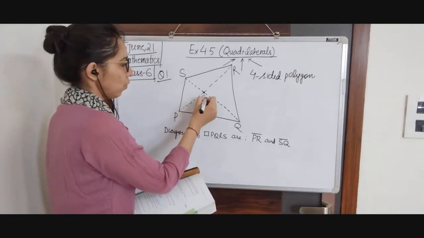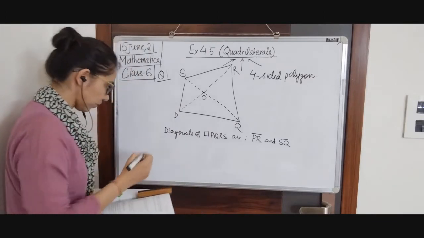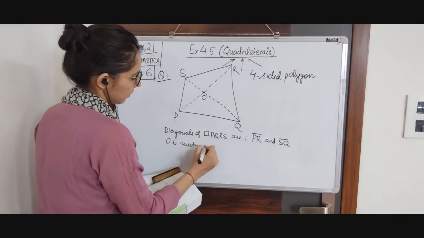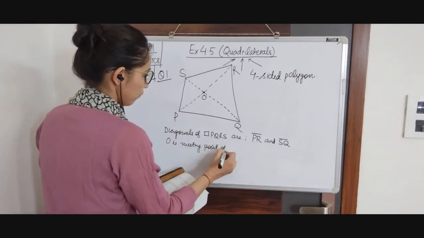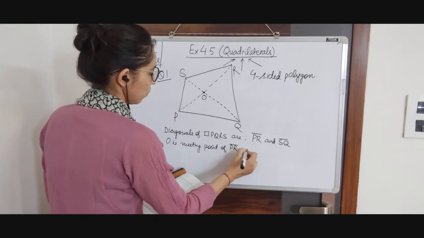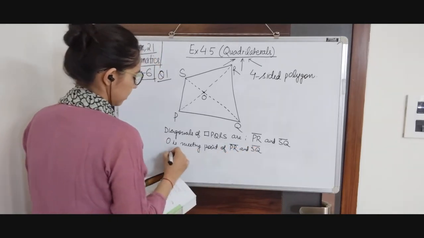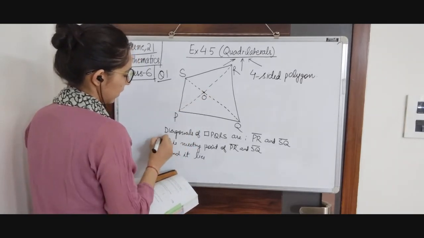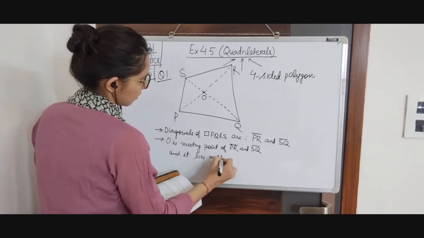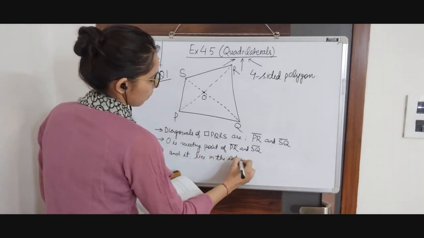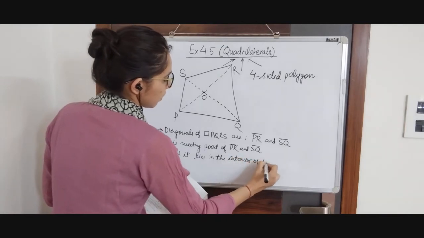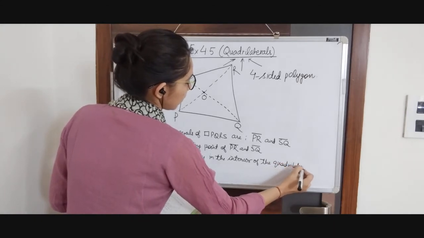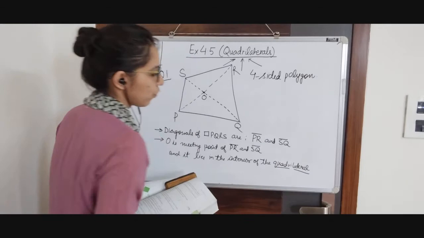Suppose we name it as O. O is the meeting point of PR and SQ, and as seen, it lies in the interior of the quadrilateral. Lateral means side, quad means four sides.